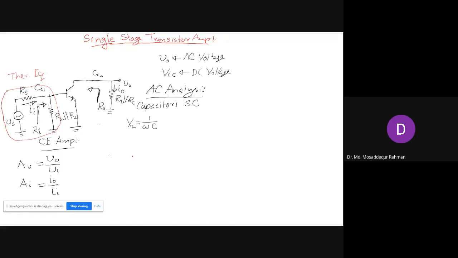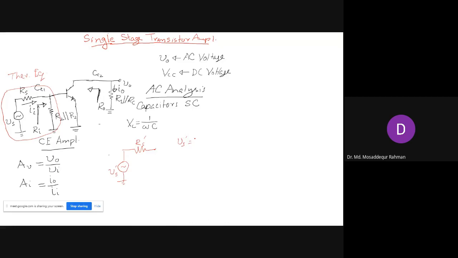So when you replace this by Thevenin's equivalent, it will be simply something like this. Let's say this is, we call it Vs prime, and let's call it Rs prime. Where Vs prime will be the voltage at this point, the base point.